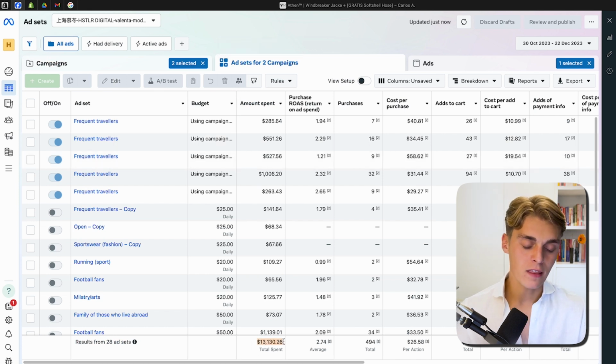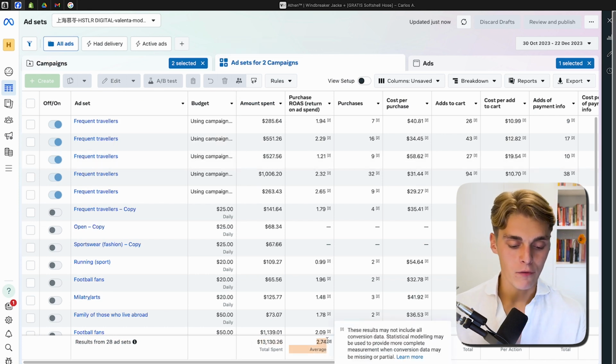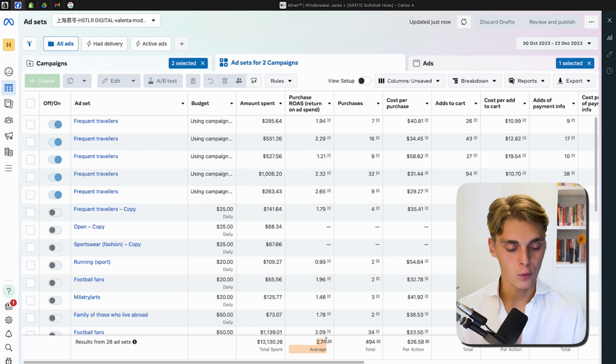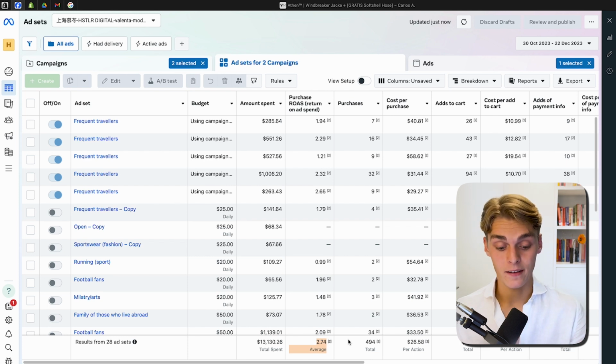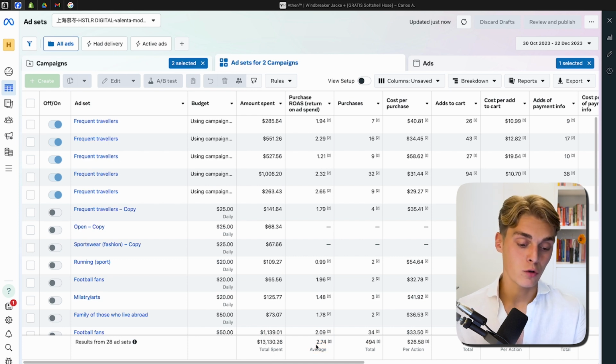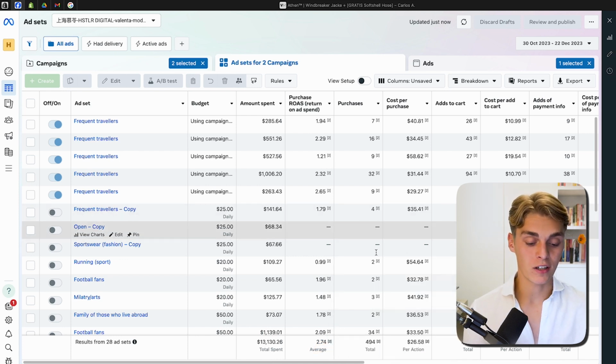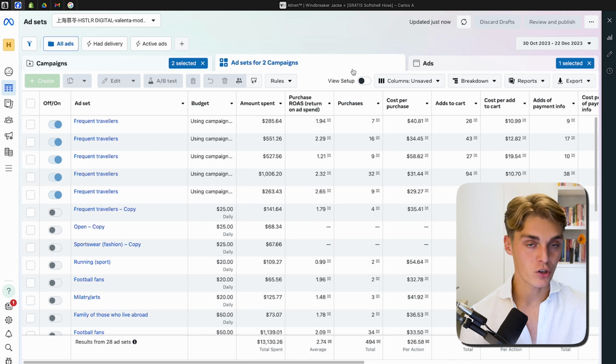We spent 13,000 and we got an average ROAS of 2.74, 494 orders in total. We got a break-even ROAS of 1.4 in this product. So that means that we are way above average profitable. This is really good. However, the 13,000 spent and 2.74 ROAS is based on 494 purchases.